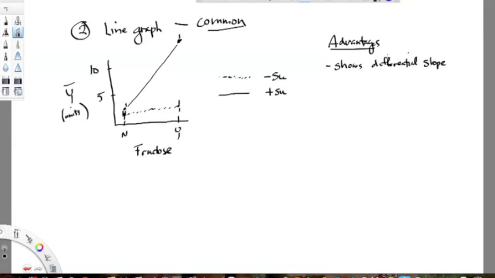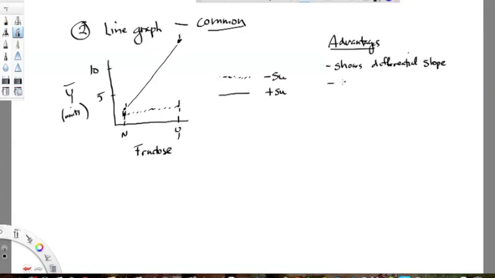And that is the essence of what interaction is getting at, the differential response to the different levels, right? So the effect of fructose, which is measured by these mean differences from no to yes, is different depending upon the sucrose level. We see them both being positive, but one's much more positive than the other. And that's really what interaction is getting at, and that shows that nicely.